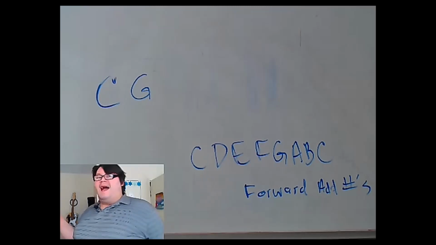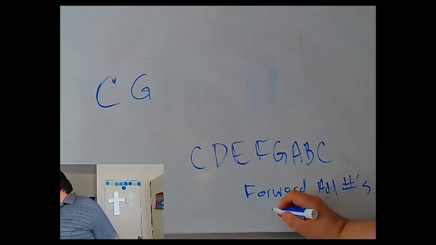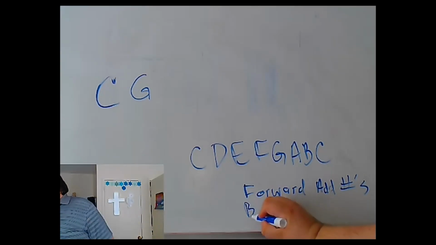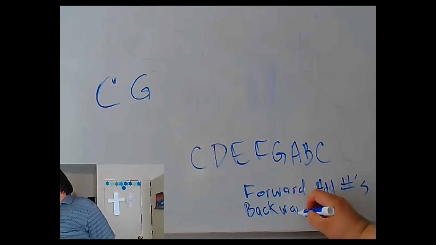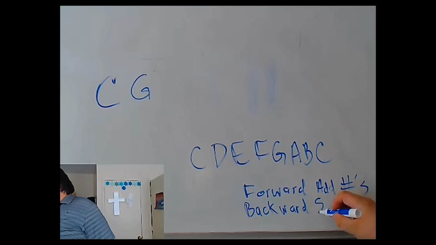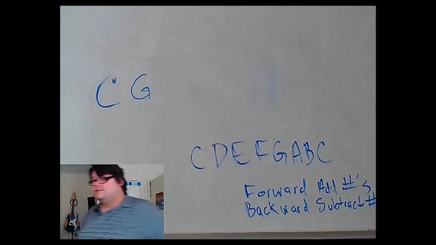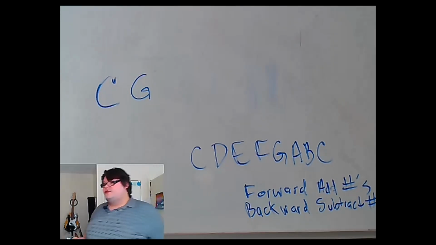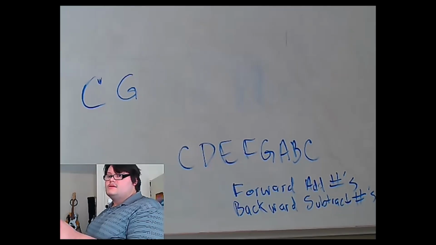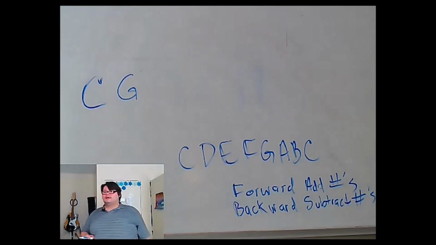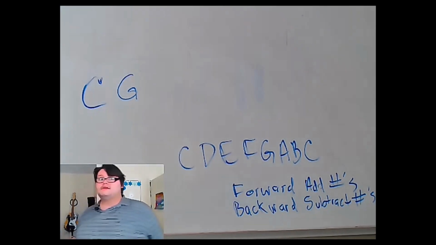To go backward, you subtract sharps. Sorry if you can't see it. Let me just move this a little bit forward. So you see that? In this case, you're taking away sharps.